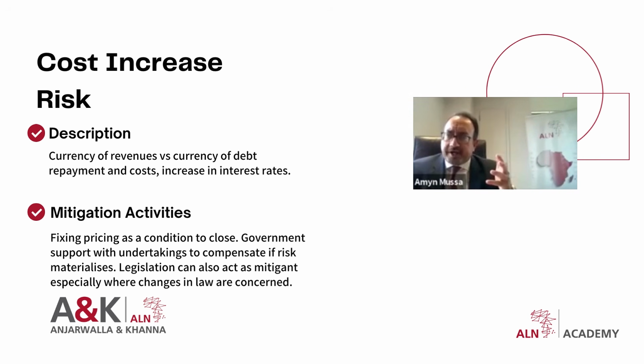What if interest rates go up or down? Who bears that risk? And how do you mitigate that risk? And again, we will look at some of these mitigation remedies, whether they are hedging arrangements or whether they are contractual risk allocation structures that allow counterparties to manage this risk.